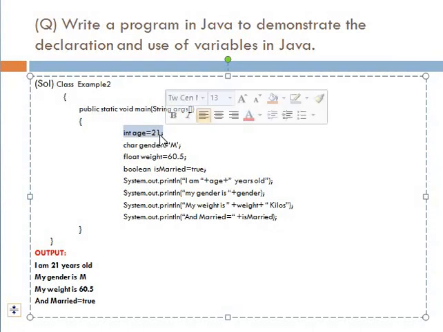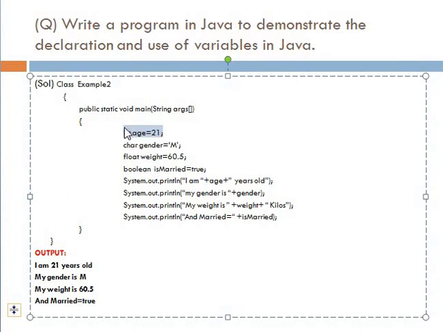And since this value is an integer value, the data type declared for this variable age is int. So from this statement, we have assigned the value 21 to this variable called age. So age now holds the value 21.